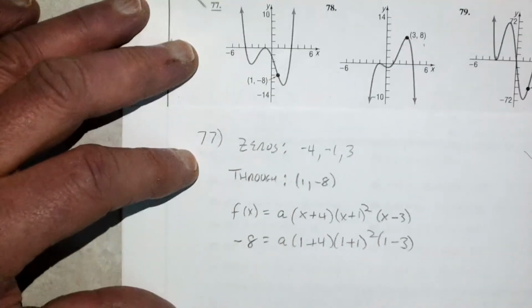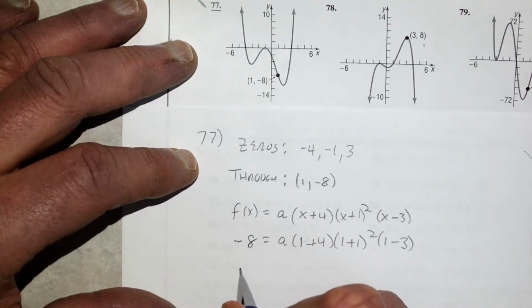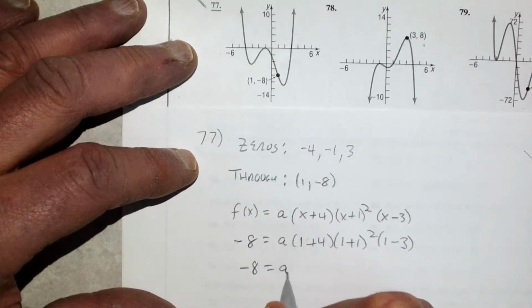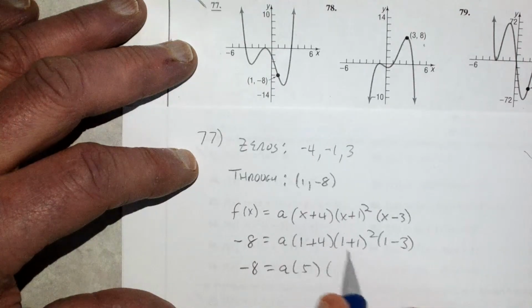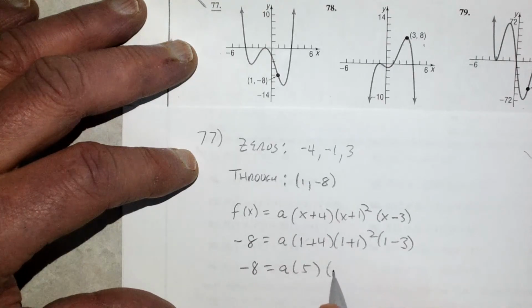Okay, so we're going to solve that for a, and we would get negative 8 is equal to a times 5, and this would be 2 squared right here. And 1 minus 3 is negative 2.